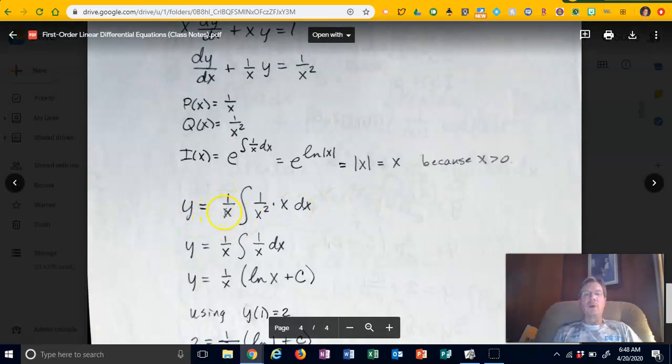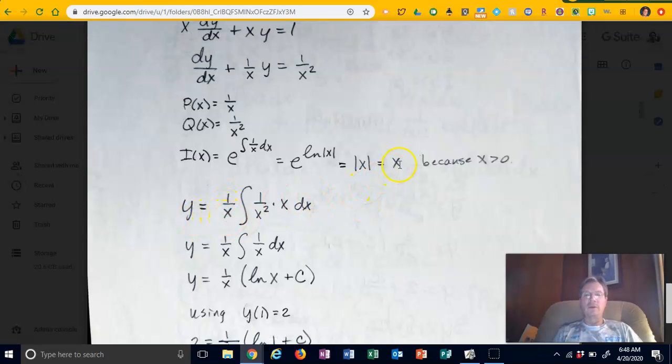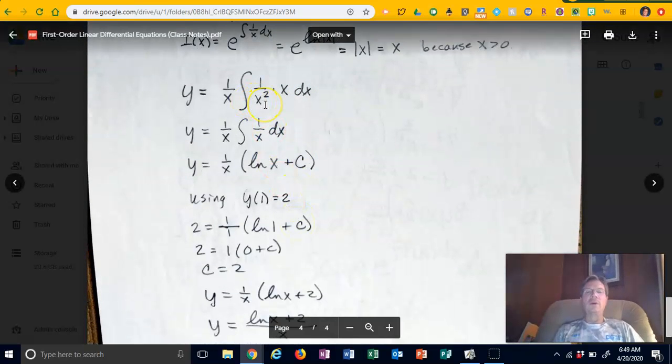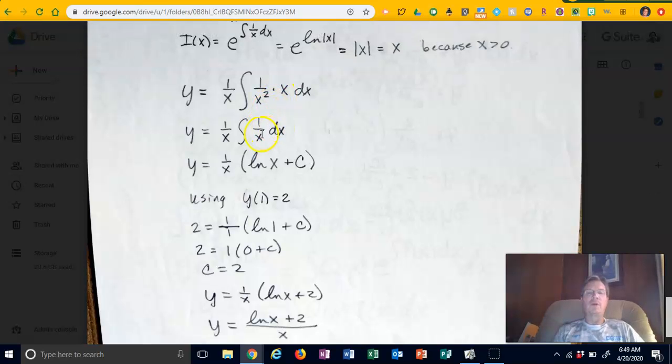So y equals 1 over x, there's the x, integral of q of x, which is 1 over x squared, I of x, which is x, dx. So after the integral sign, we just end up with 1 over x. So I have 1 over x, integral of 1 over x dx. So 1 over x, natural log of x plus c.